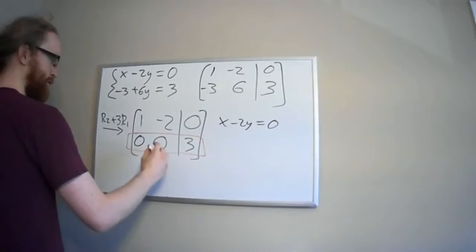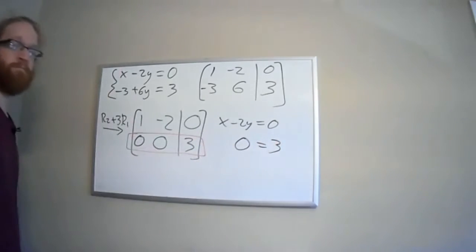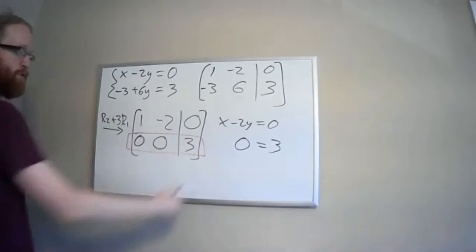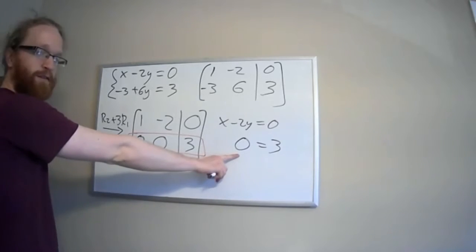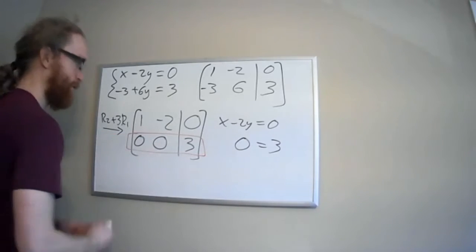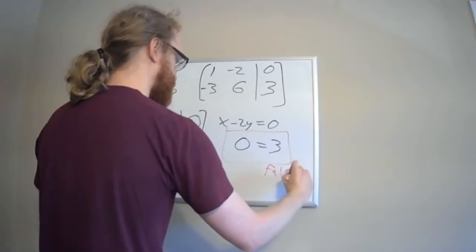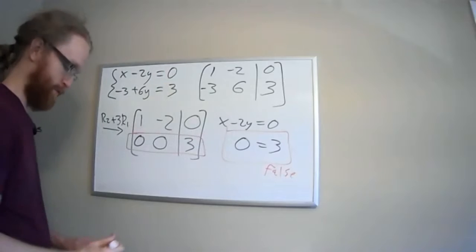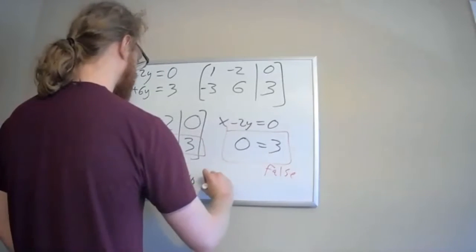And the second row is going to tell me, well, 0 equals 3. So this kind of thing should look familiar from our discussion of no solutions for a system of equations. Whenever I get something like this, that's just false. So it's definitely false. That means that there are no solutions at all to this system of equations.